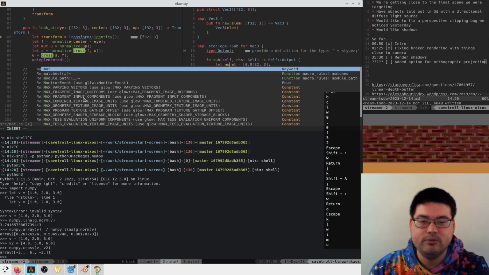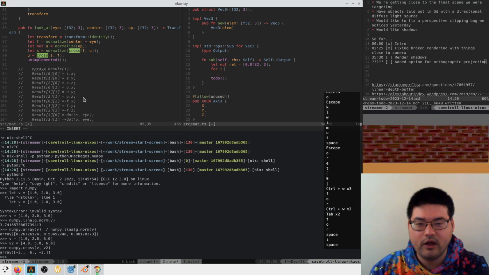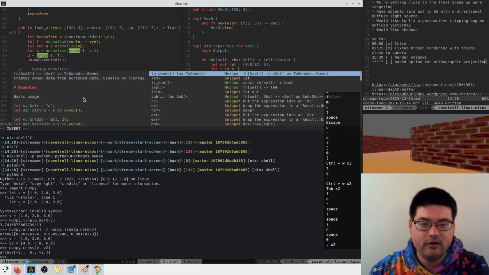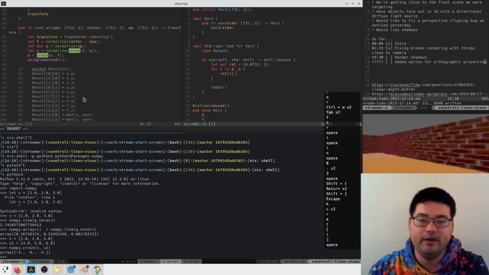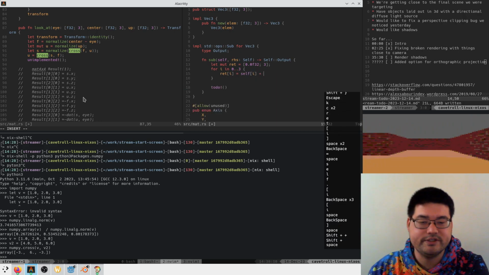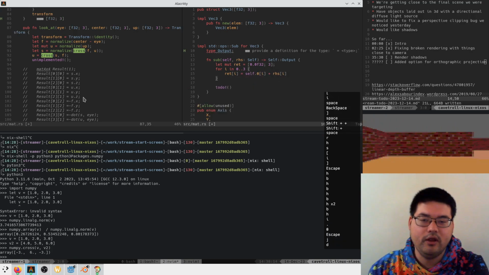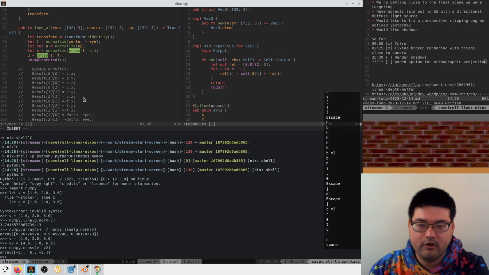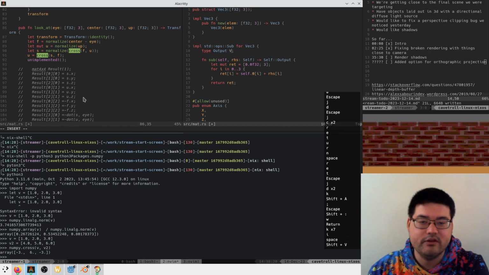And we say he's mutable, and we say for i in 0 to 3, ret i is equal to self i minus right hand side i, and then we return ret. Easy. And the output is another vec3.